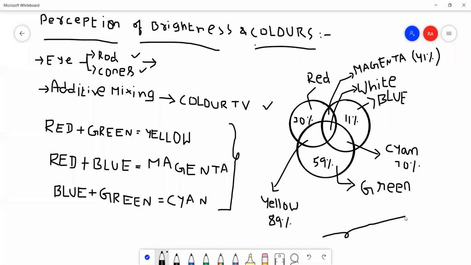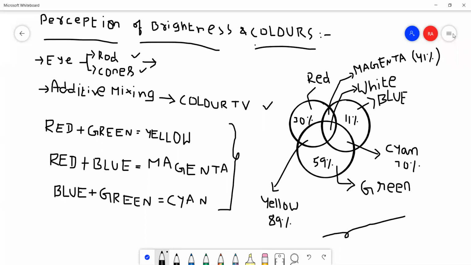So this additive color mixing Venn diagram, quickly note it down, one minute. In order to generate suitable color signals, these combinations, yellow, magenta, cyan, are very important to note in additive color mixing.